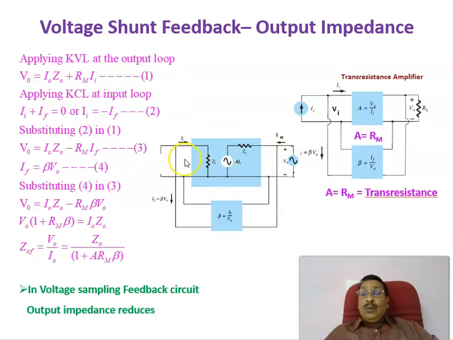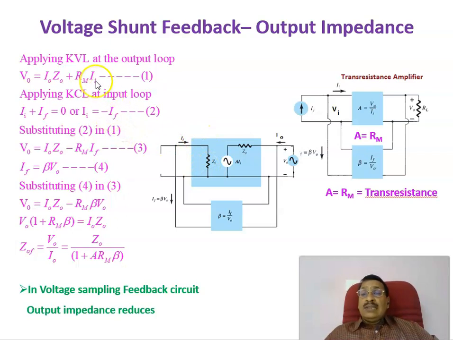Second, if you write Kirchhoff's current law at the input side, because it's open circuited, applying KCL at the input side, we can write II plus IF, the input current plus the feedback current, equal to 0, or the input current is given by minus IF.